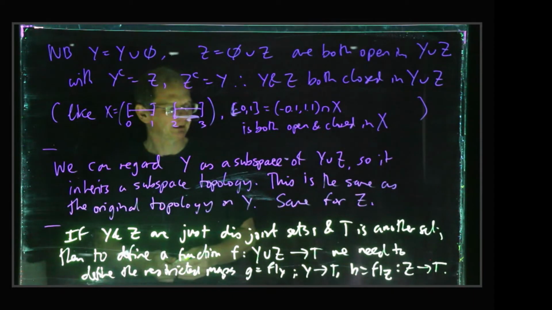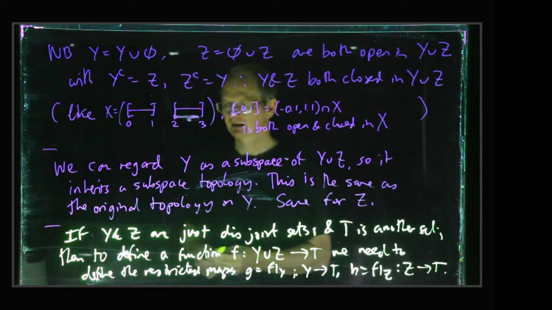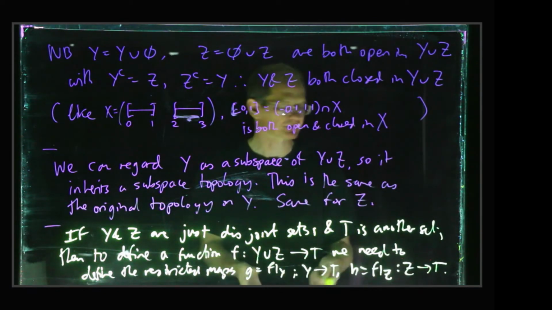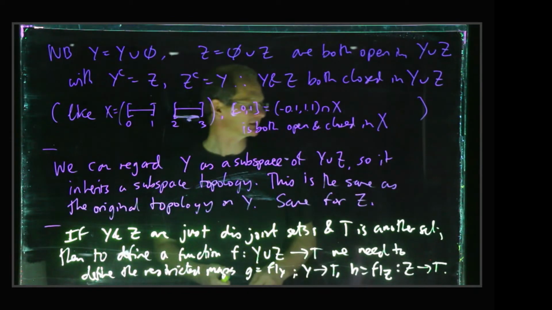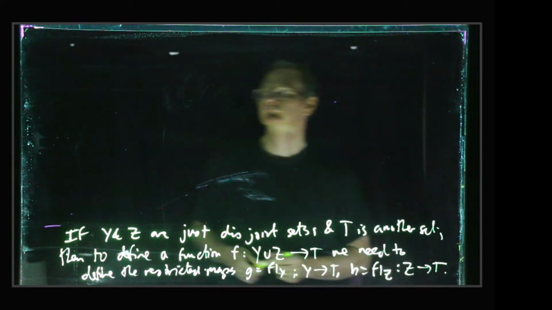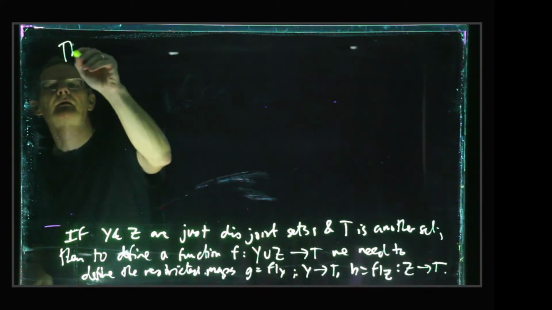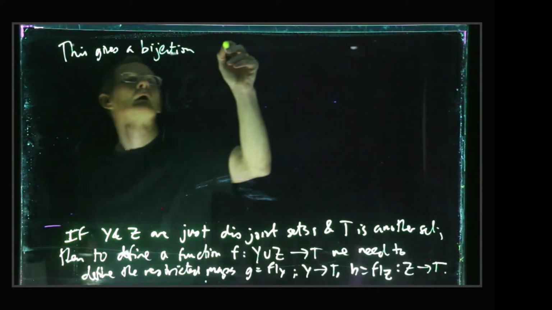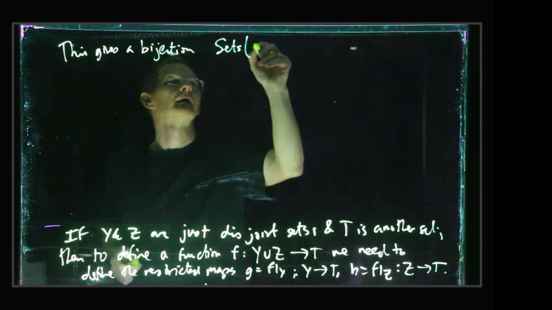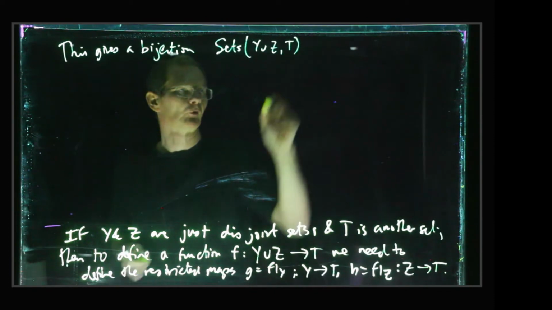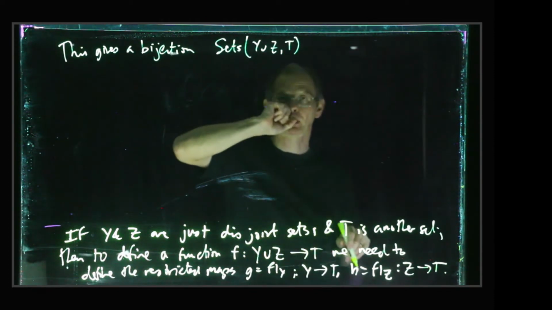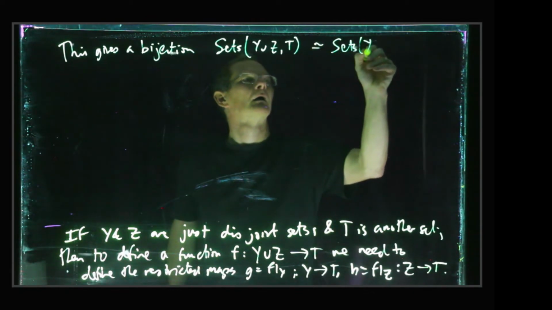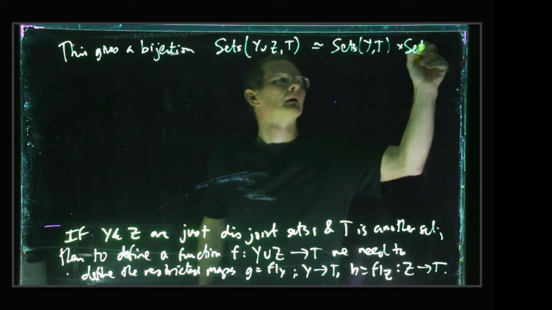And this is kind of a one-to-one correspondence. We've got any pair of maps, G from Y to T, H from Z to T, then we can just combine them to get a map from Y union Z to T. So we can say this bijection: the set of all functions, the set of morphisms in the category of sets from Y union Z to T, or in other words, just functions, is in bijection with this product here.